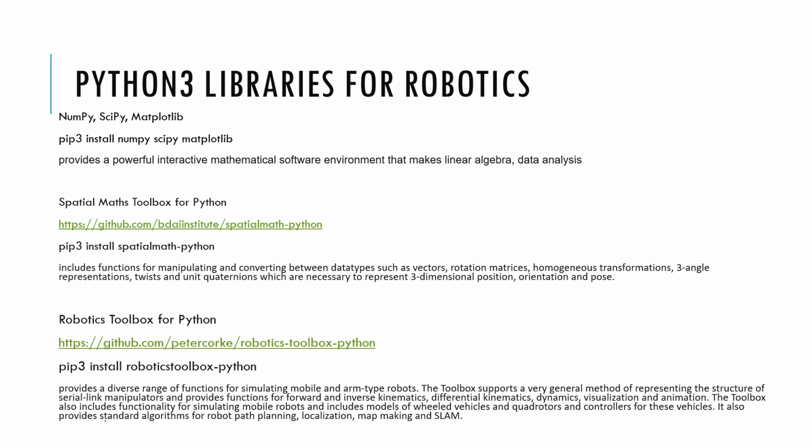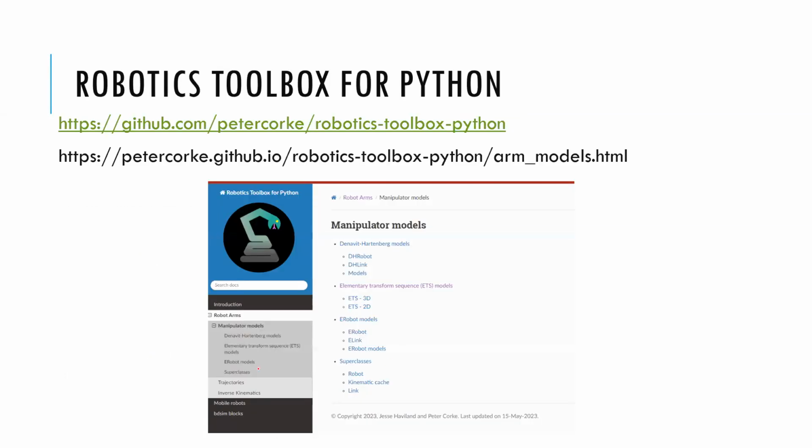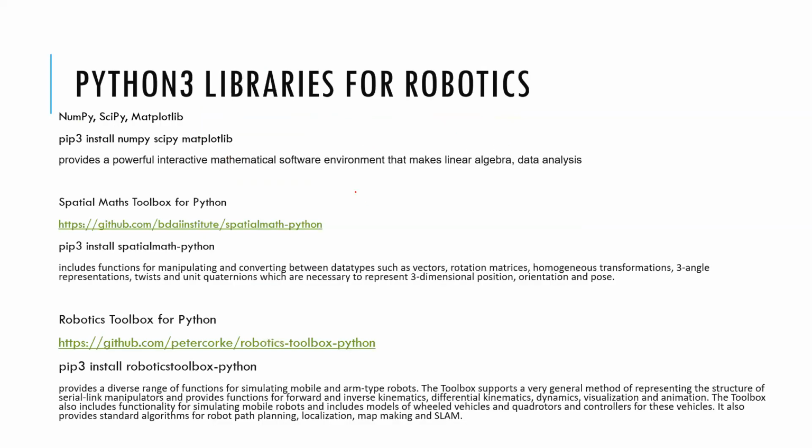I'm mainly going to be using this Python library, Spatial Math, which lets you do the dot products and things, vectors, rotation matrices. And I'm going to show you some kinematics using the Robotics Toolbox here. Again, if you want more information, this is where I'm getting this stuff from. To install it, you could just do pip3 install roboticstoolbox, and you will be ready to go.